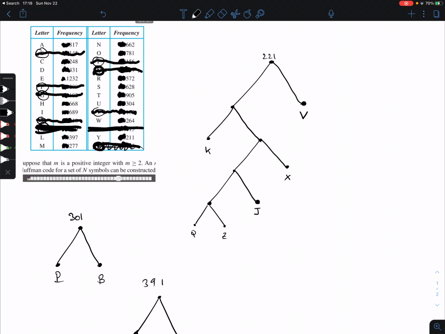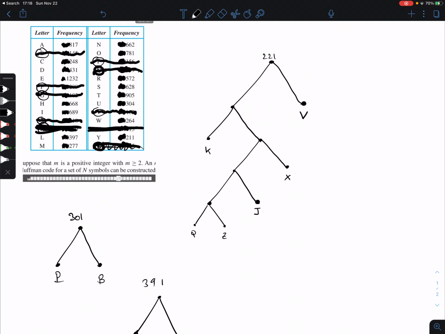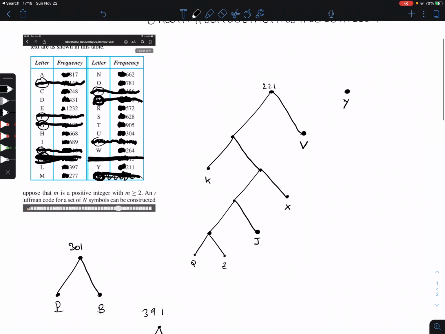I think Y and my tree here are now up to, right? The big tree on top here is slightly bigger in frequency than Y, because Y is 211. So altogether they will be 432. Okay, so Y is also gone.